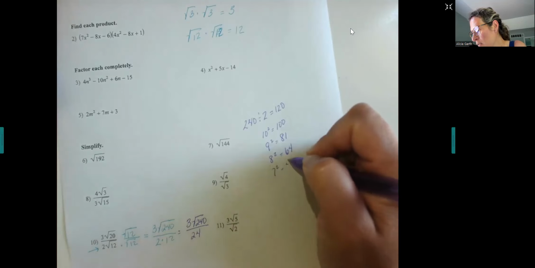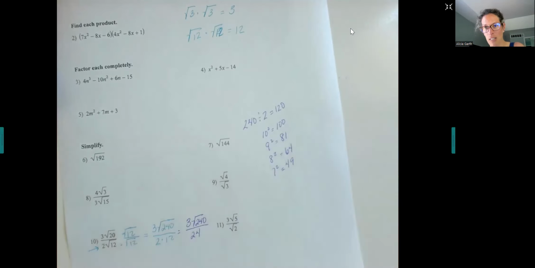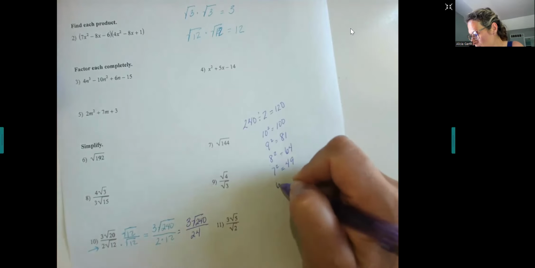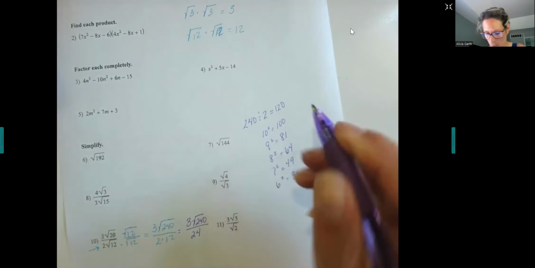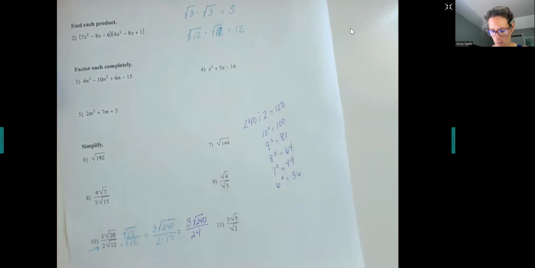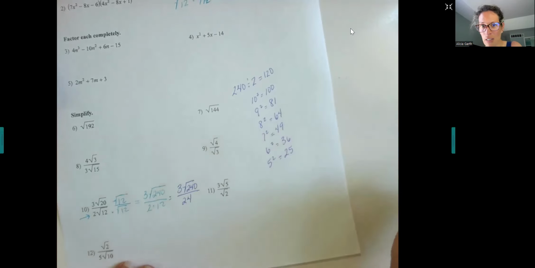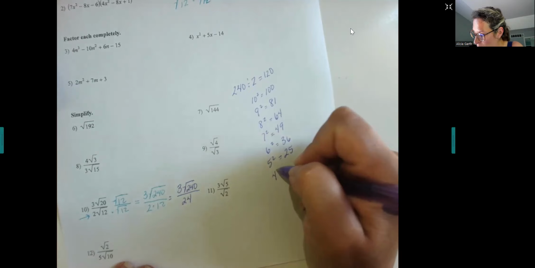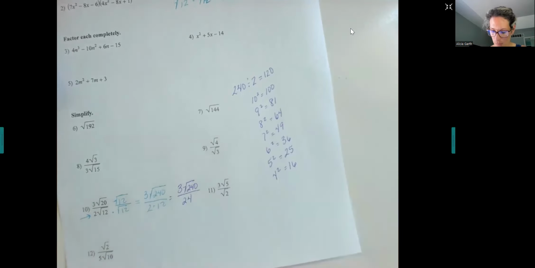7 squared is 49. That does not divide evenly into 240. 6 squared is 36, also does not divide evenly into 240. 5 squared is 25. Does not divide evenly into 240. 4 squared is 16.